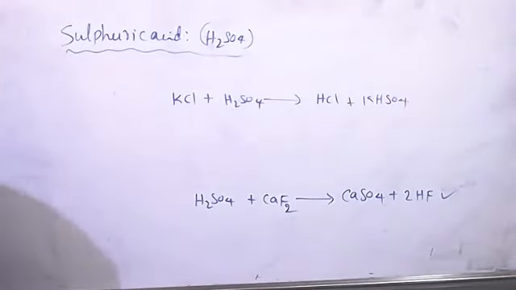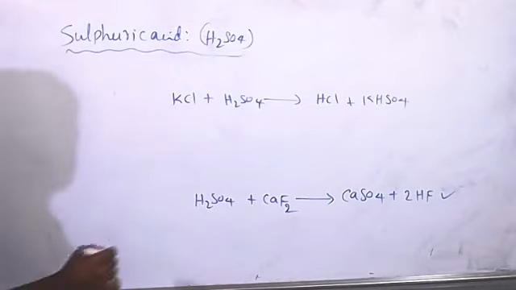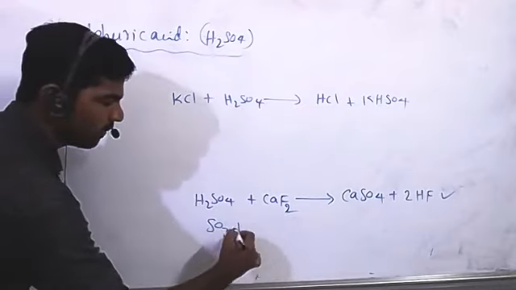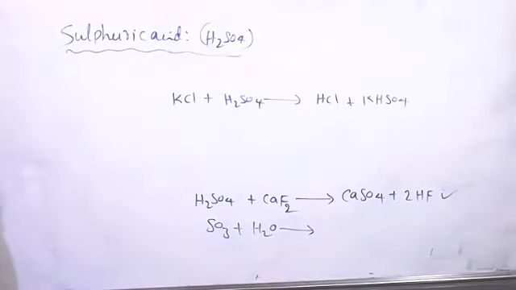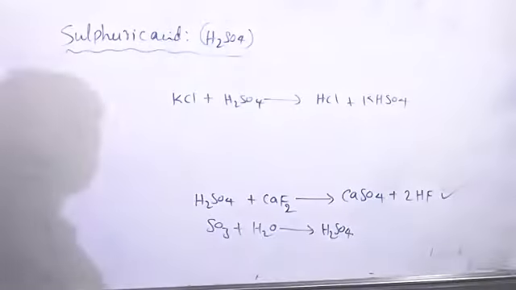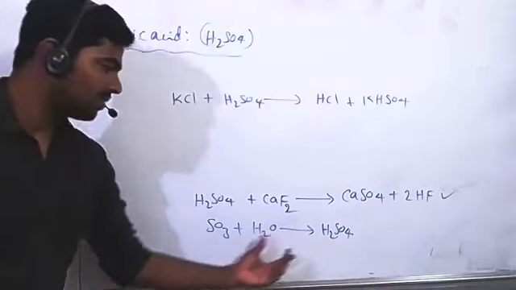Next, SO3 is passed through water. So when SO3 is passed through water, what is the product here? H2SO4. Very good. But in the industrial synthesis of sulfuric acid, we won't use this reaction.